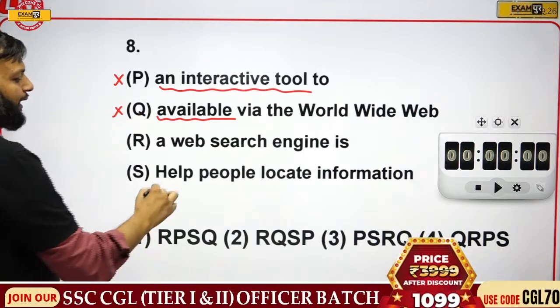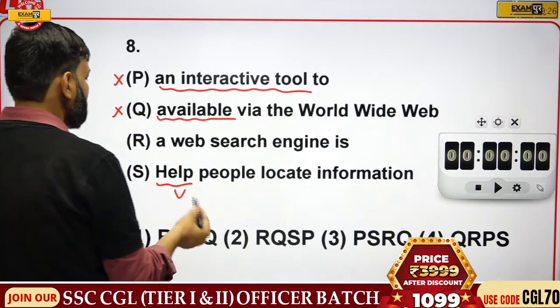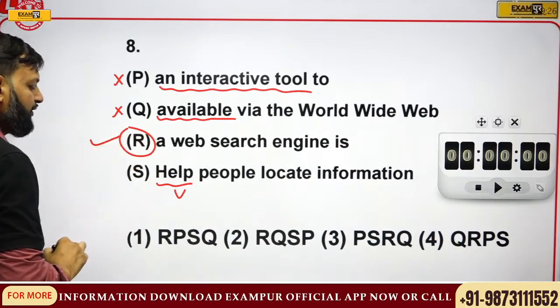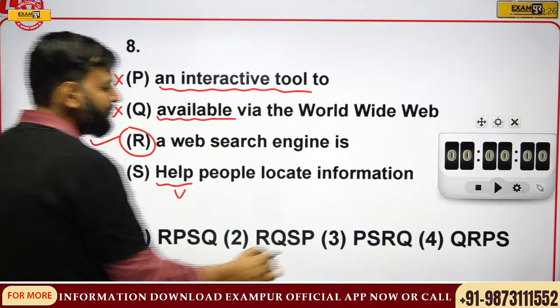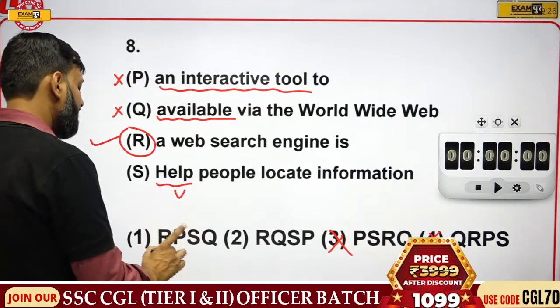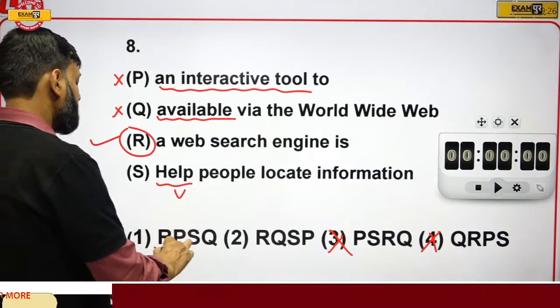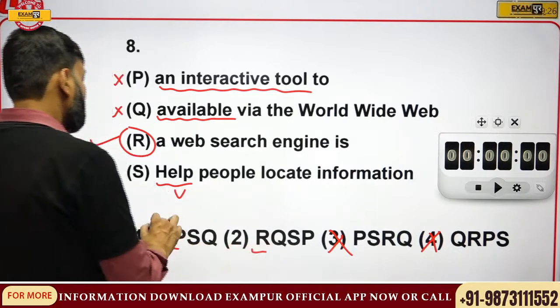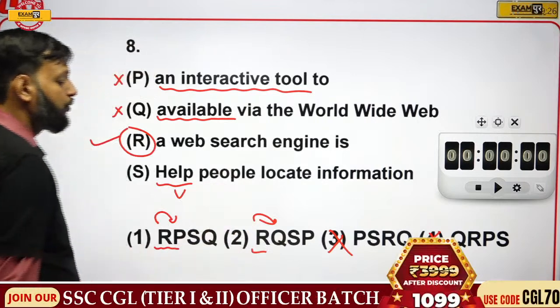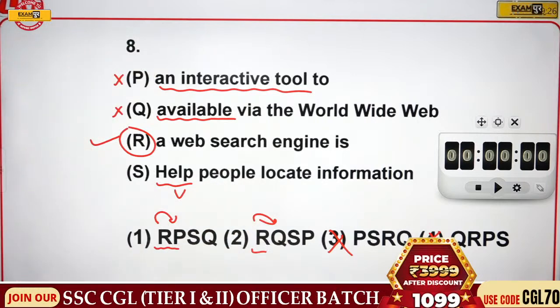Help people, this is a verb, cannot be in the beginning, so the first sentence is are. So eliminate option number 3 and option number 4, because are should be there in the beginning. So two options are there which have are. Now in one option are is followed by P, and in the other are is followed by Q. So let's see whether R is followed by P or Q.